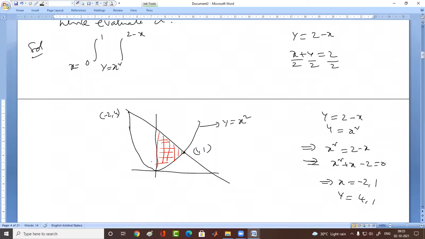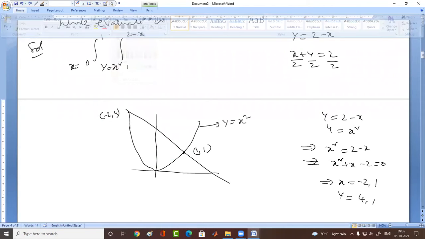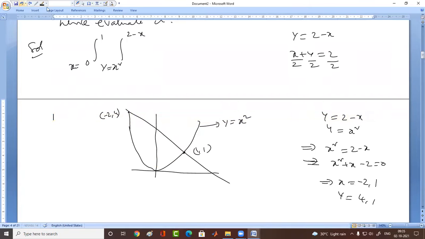Now the region is totally different. So don't worry. This is our region. Okay, the highlighted region is our region.